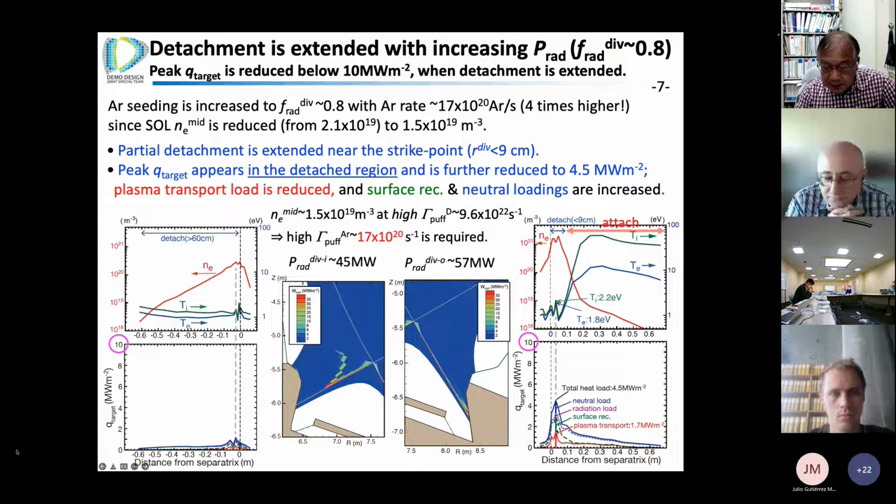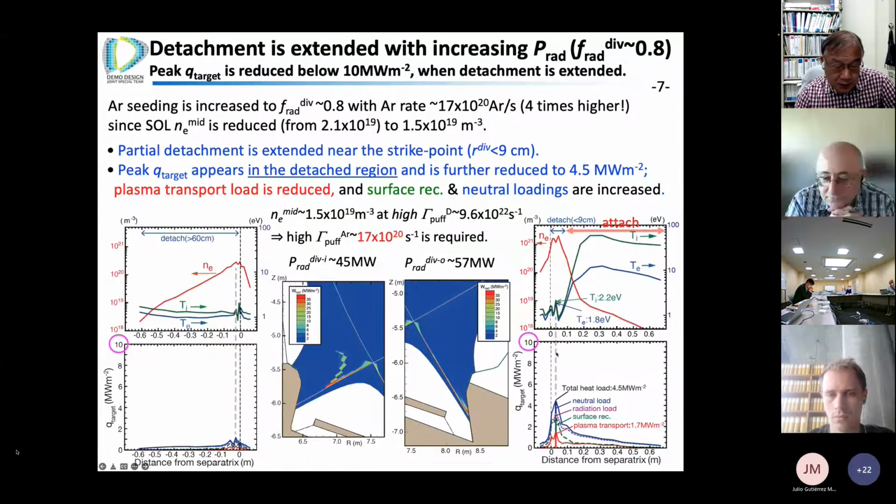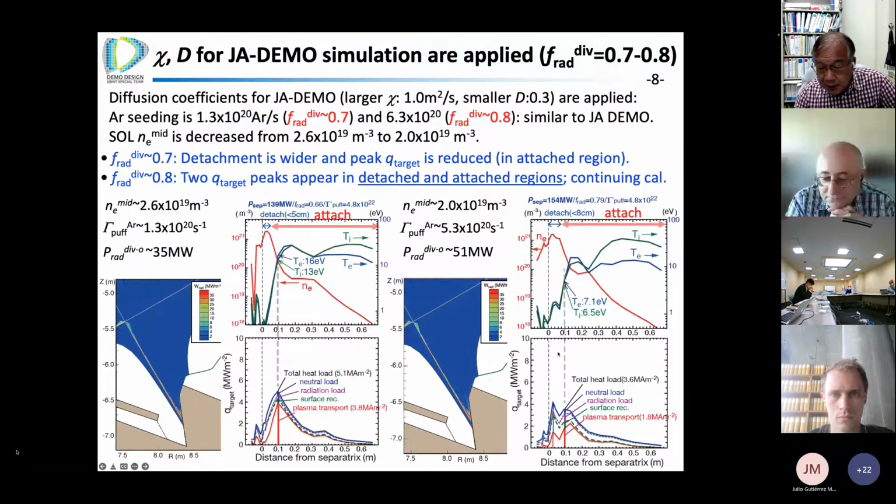Next, the second question. One of the problems we are wondering about is, as you mentioned, in the detachment regions in SONIC simulations the temperature is reduced to about 1 electron volt or less than 2.